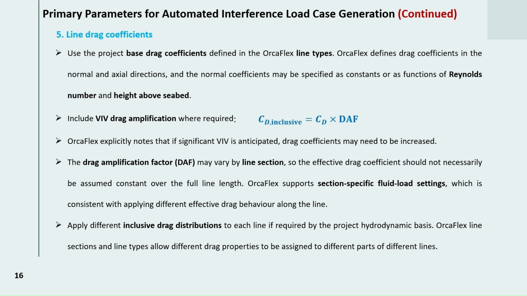This is important because when vortex induced vibration is possible, the effective drag on the line can be higher than the basic hydrodynamic value. Orcaflex itself notes that if significant VIV is expected, the drag coefficients may need to be increased.